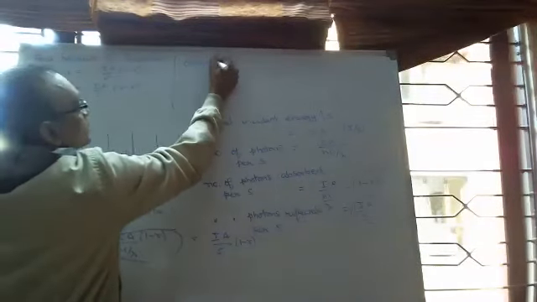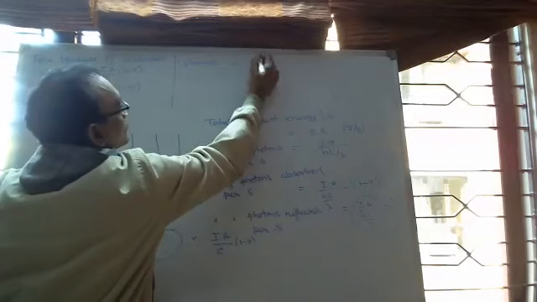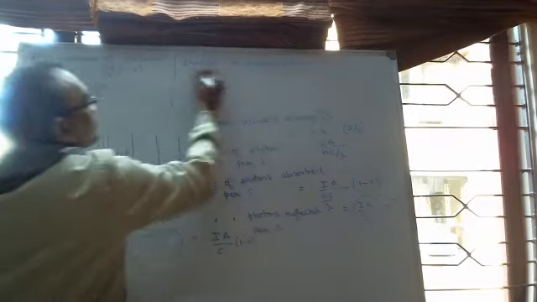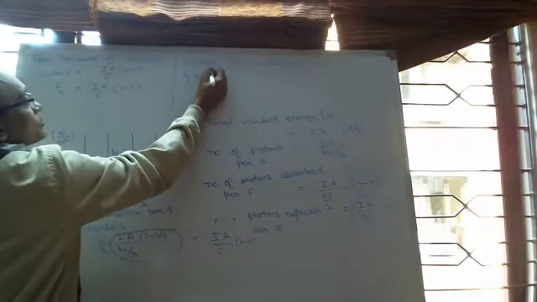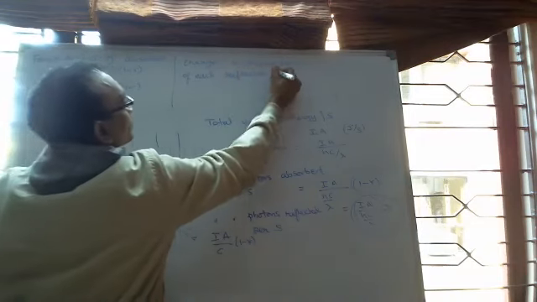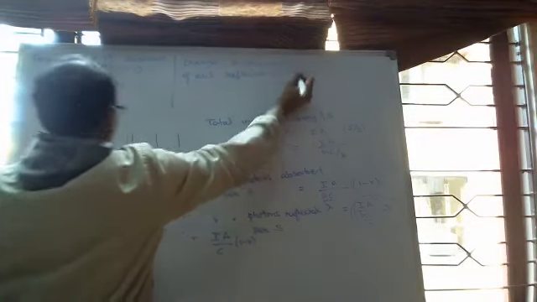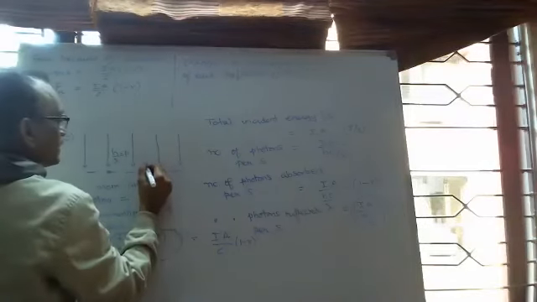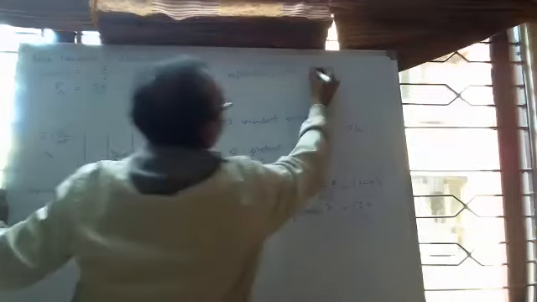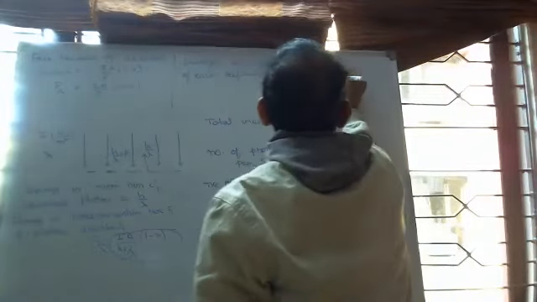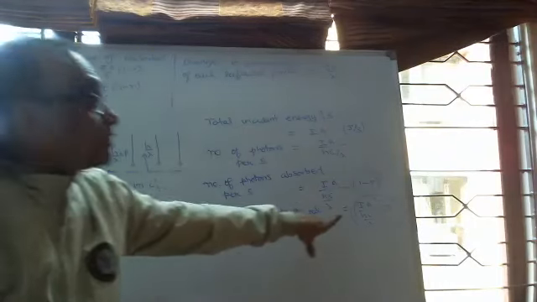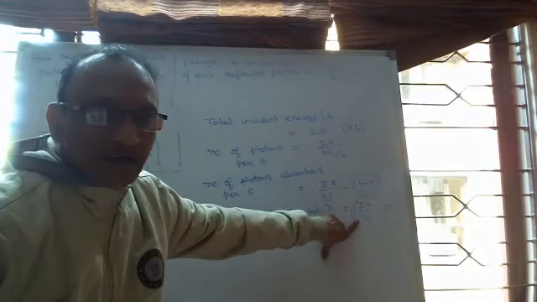Change in linear momentum of each reflected photon कितना है? जो फोटोन रिफ्लेक्ट हो रहा है यहां से आ रहा है और जो h by lambda से ऊपर जा रहा है, h by lambda से गिर रहा है, is 2h by lambda is the change in momentum of each reflected photon and the number of photons reflected are these many per second.